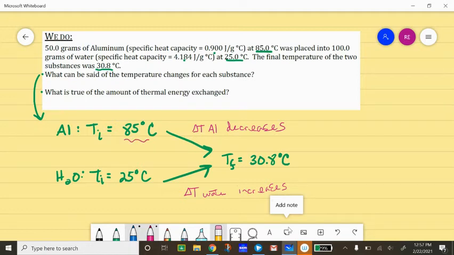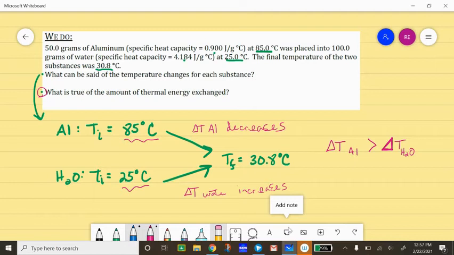We can see that the degree of change for aluminum is a lot greater than the degree of change for the water. And we'll definitely talk about this later. So the change in temperature for aluminum seems to be a lot greater than the change in temperature for the H2O.